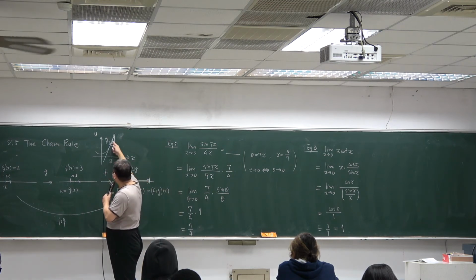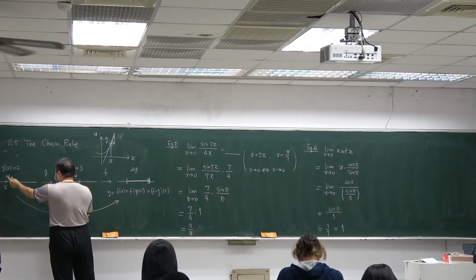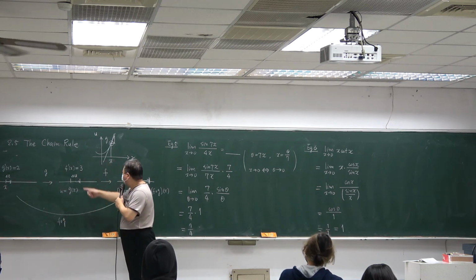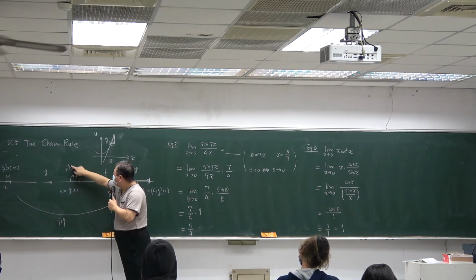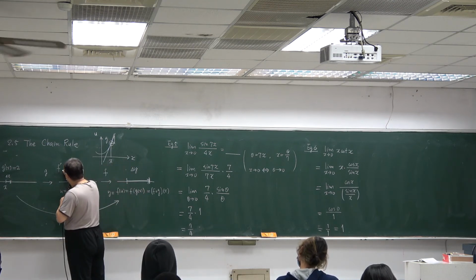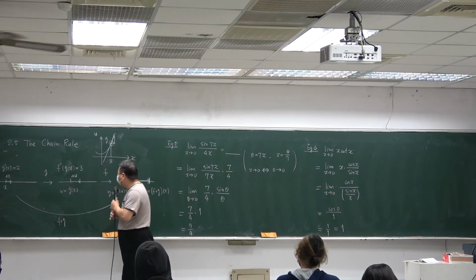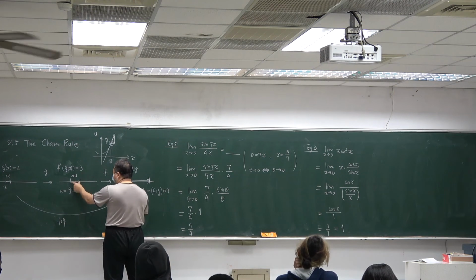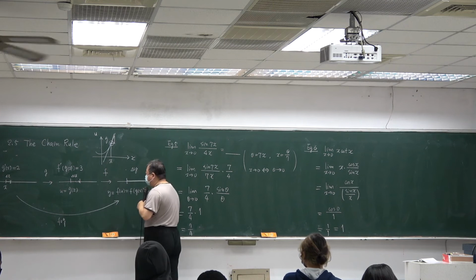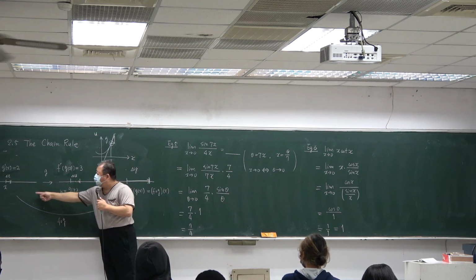Differentiability means locally linear. The rate of change is 2, means this one is 2 times that one. This is u. Or this one, it's 3, means the rate of change is 3, means this one is 3 times of this one. Therefore, this one is 3 times 2, 6 times of that one.